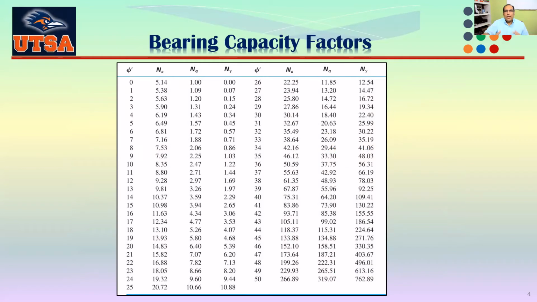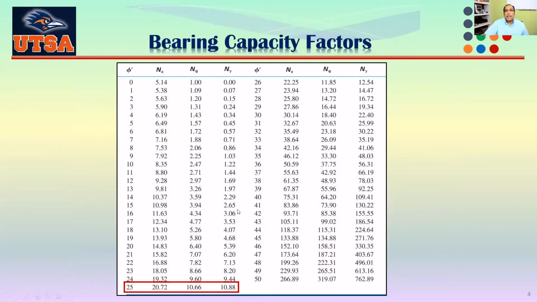So this is the bearing capacity factor table: NC, NQ, and N gamma. This is a function of your phi prime. For our particular problem, you can see our phi is 25. So our NC is 20.72, NQ is 10.66, and N gamma is 10.88.